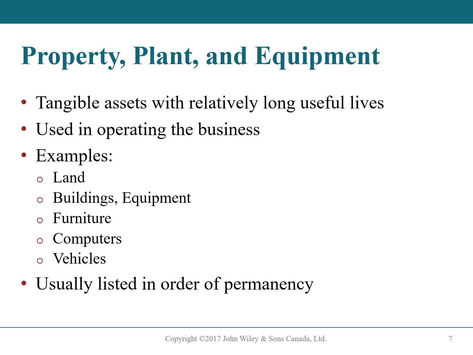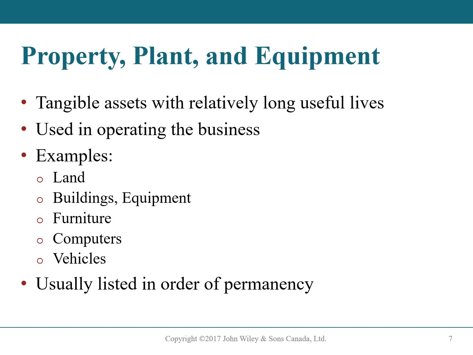Property, plant, and equipment are tangible assets with long useful lives that are being used in operating the business. This includes items such as land, buildings, equipment, furniture, computers, and vehicles. These items are often listed in the statement of financial position or balance sheet in their order of permanency.